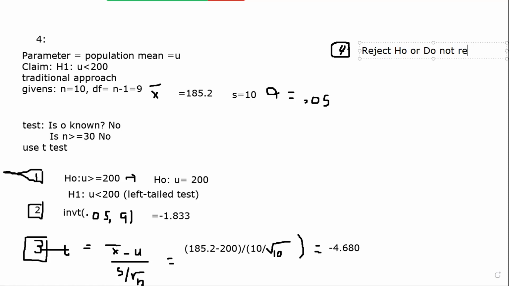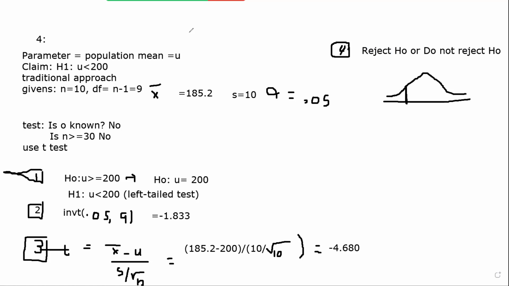And so I'm going to draw my curve. It's going to look something like this. It should look fairly normal. Okay, your critical value was negative 1.83. So maybe that's this value right here.